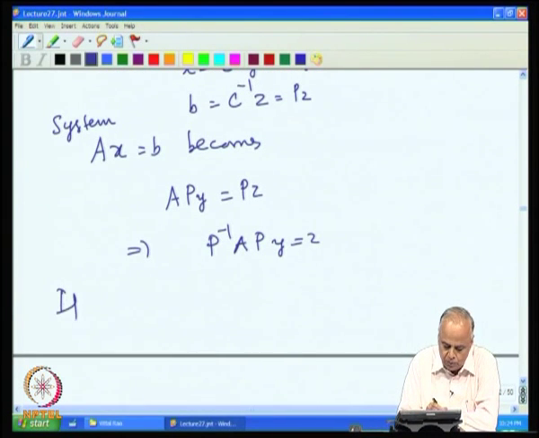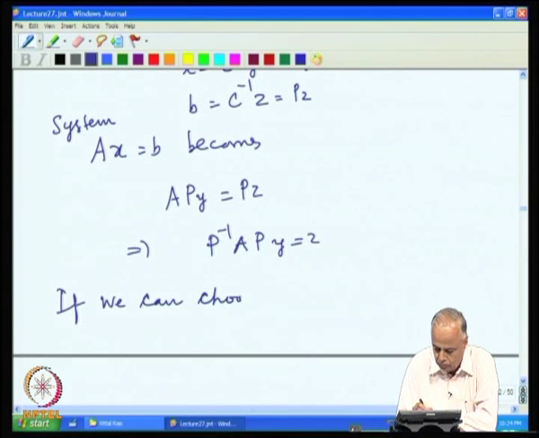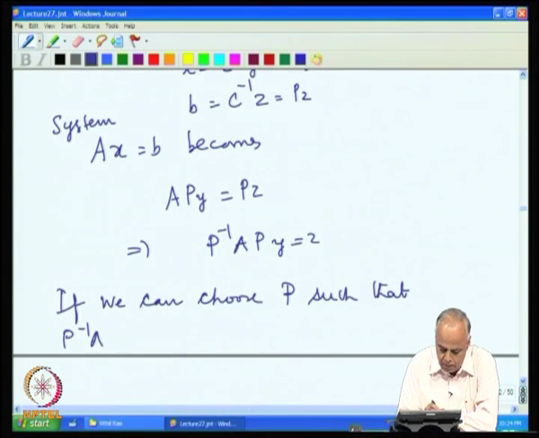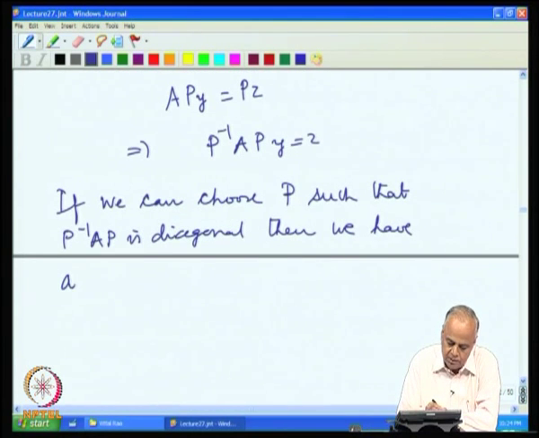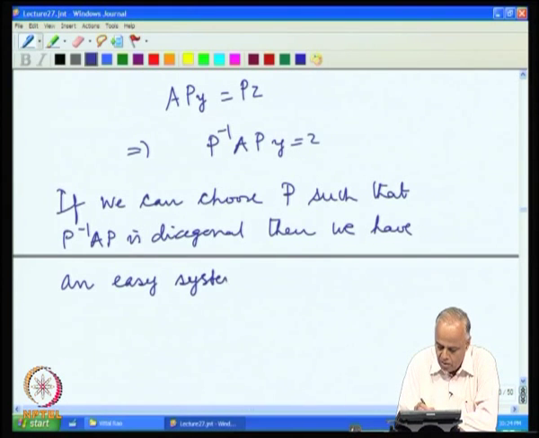If we can choose P such that P inverse A P is diagonal, then we have an easy system for y.